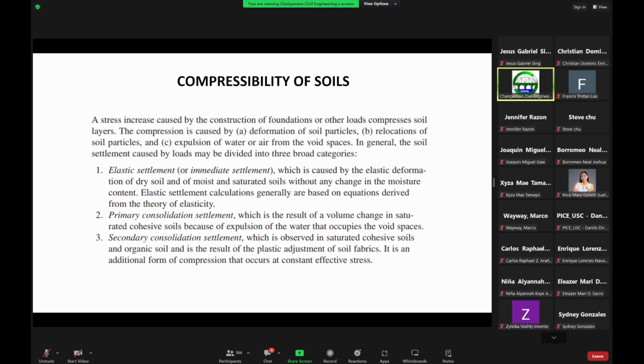When we say cohesive soils, these are mostly the clay soils. So consolidation settlement behavior is mostly on clay soils. When you say granular or cohesionless soils, then we have the gravels and the sands, which can encounter immediate settlements.